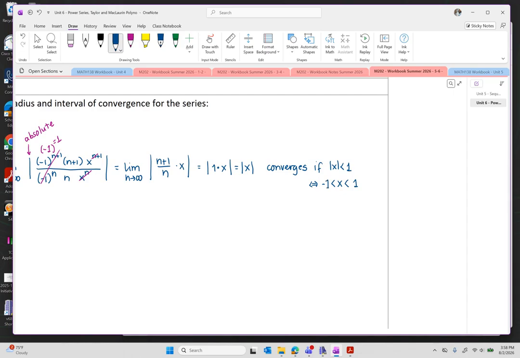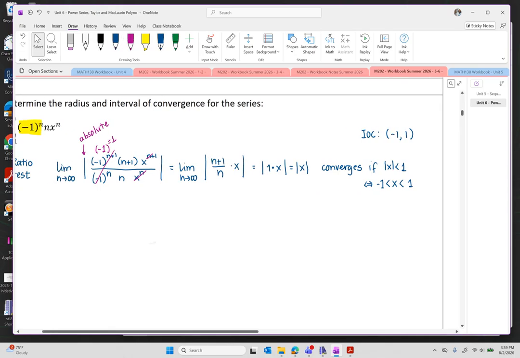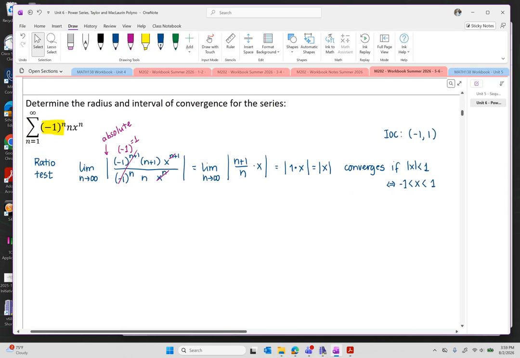So far we have an interval of convergence that is open at -1 and all the way to 1 and open at 1. And we need to check the endpoints to see if this series will converge when x is equal to -1 and when x is equal to 1.